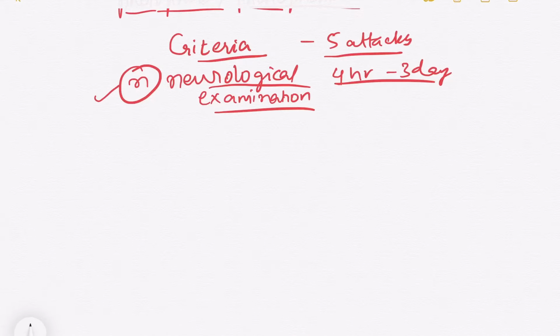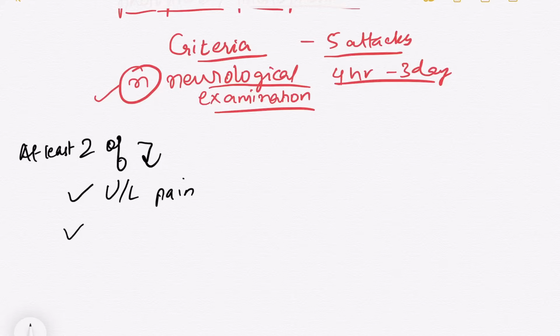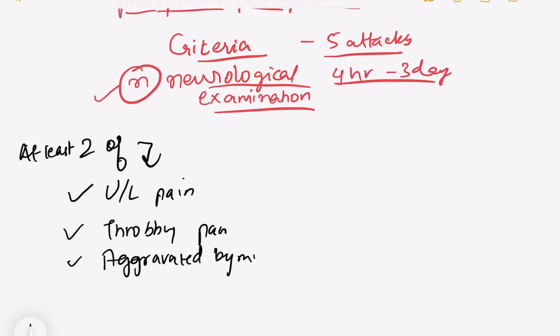Then you need to remember at least two of these: unilateral pain, throbbing pain, pain that is aggravated by movement, and severe to moderate intensity.